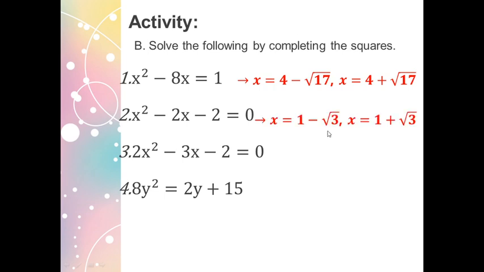For number 2 equation, x is equal to 1 minus the square root of 3 and x is equal to 1 plus the square root of 3. For number 3, you have x is equal to negative 1/2 and x is equal to 2. For number 4, you have x is equal to negative 5/4 and x is equal to 3 over 2.